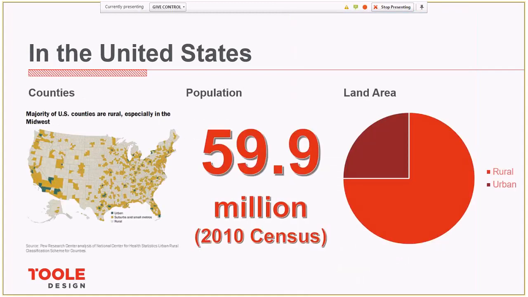So at a national scale, of the nation's 3,142 counties, almost 2/3 of them are classified as rural. By this definition, about 20% of the U.S. population lives in a rural area, and rural lands make up about 75% of the total land area.